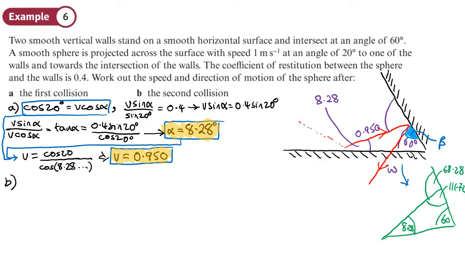Right, so let's put that in. 68.28. That's not very nice, like that. Let's stick it outside. 68.28 degrees. So just like before, we're going to be looking at the horizontal and vertical components. So let me just turn the diagram around and draw it like this.